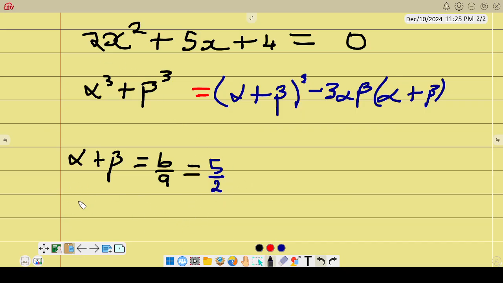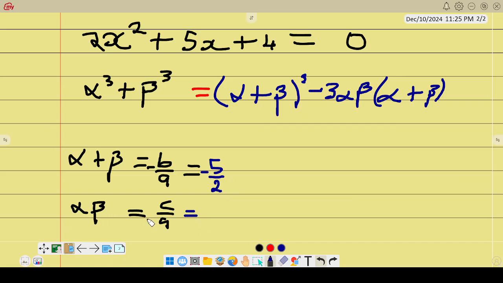Okay, and what is our product? Our product is c over a. Oh, I forgot to take a negative. The negative is for the sum, so this is negative that.